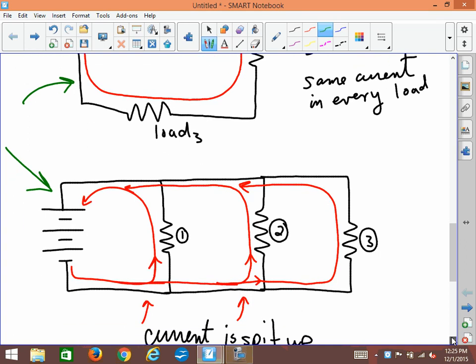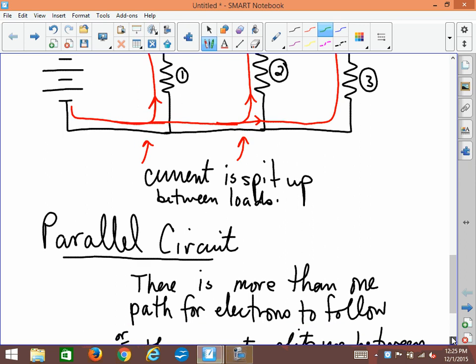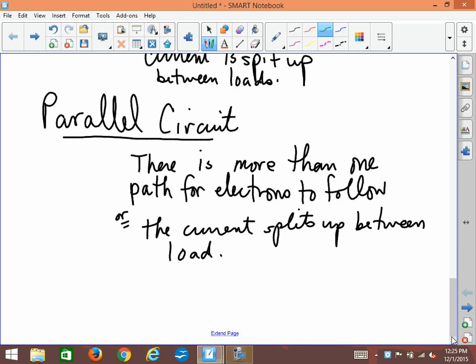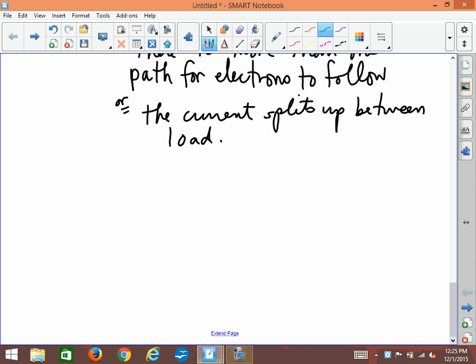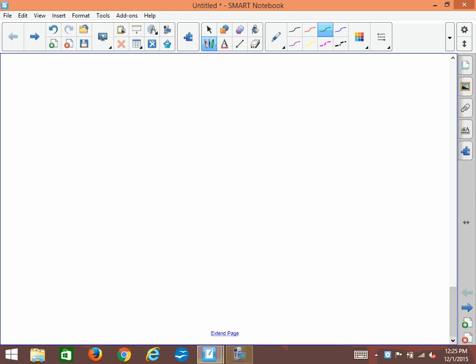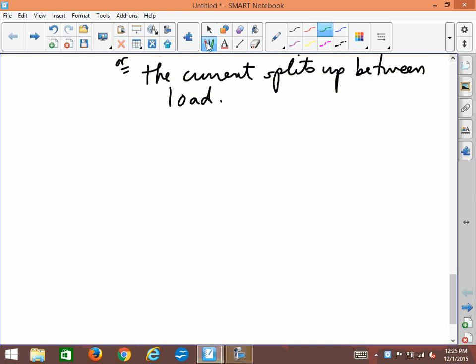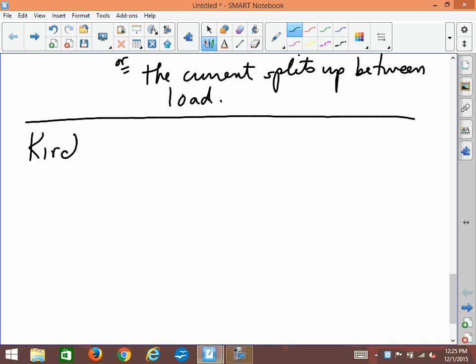All right, now the last thing we have to do is we have to talk about the mathematics associated with each type of circuit. So there's a fellow by the name of Kirchoff who came up with some rules and laws that talk about the relationship between voltage and current and resistance in each circuit. So we need to do that as well. And then we'll be able to actually solve the circuit.